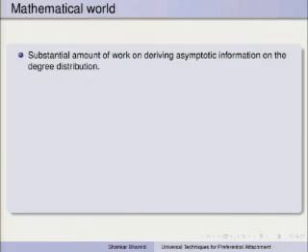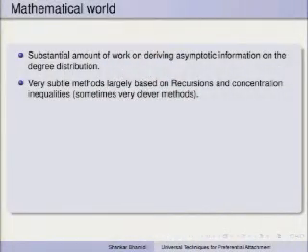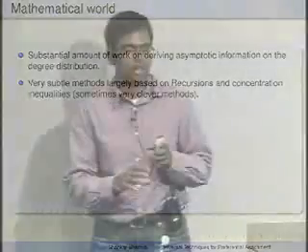Now, in the 2 or 3 months that I've spent looking at the literature in the mathematical world, for many of the models there's been an enormous amount of work on the asymptotic degree distribution, and there are lots of subtle methods using, essentially to my knowledge, recursions and concentration inequalities, urn models, and so on. Many of the methods are very subtle, so very difficult.